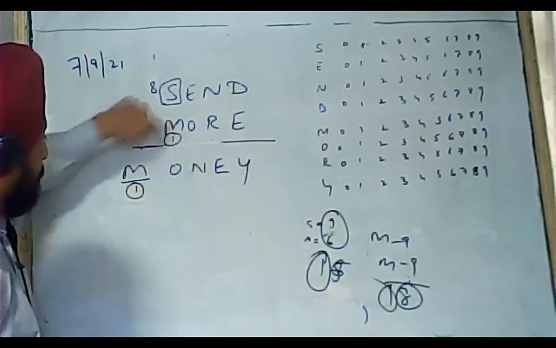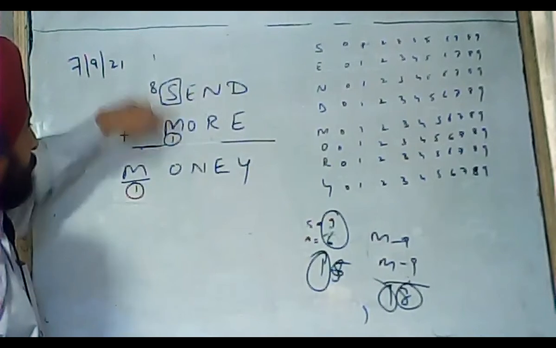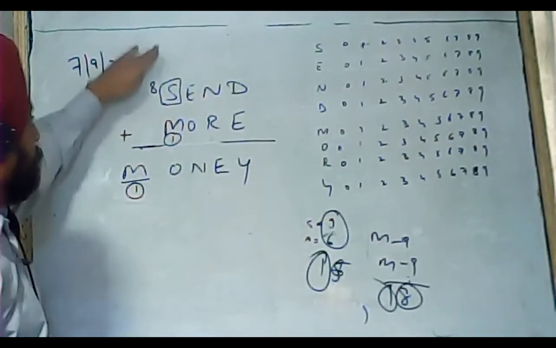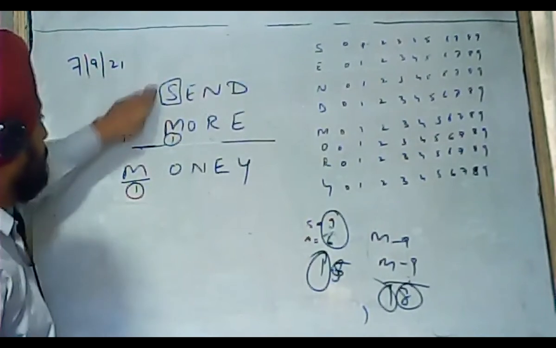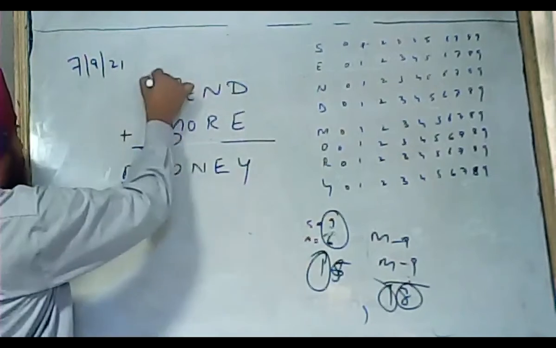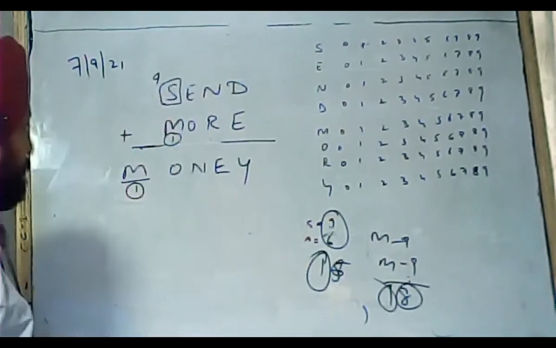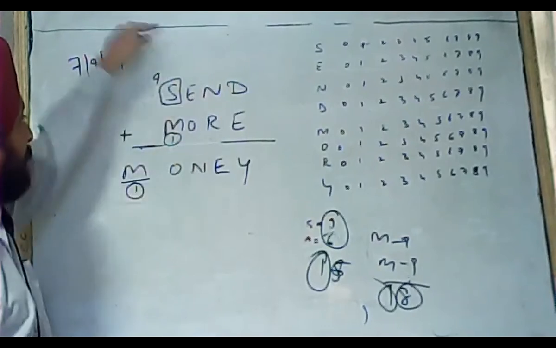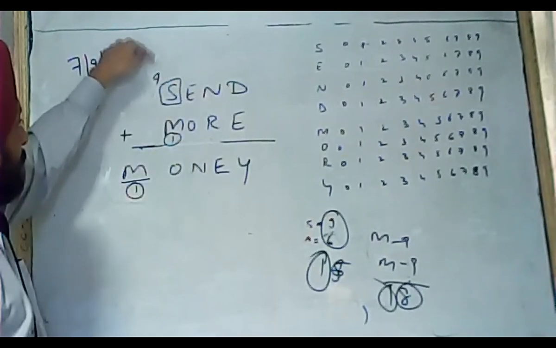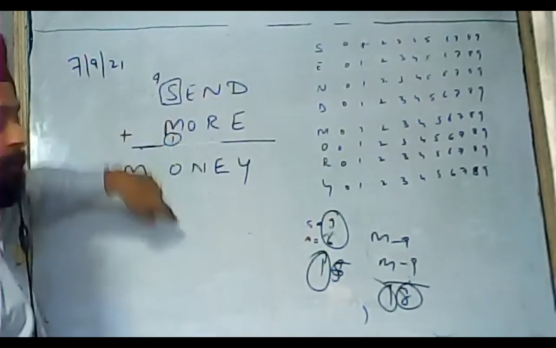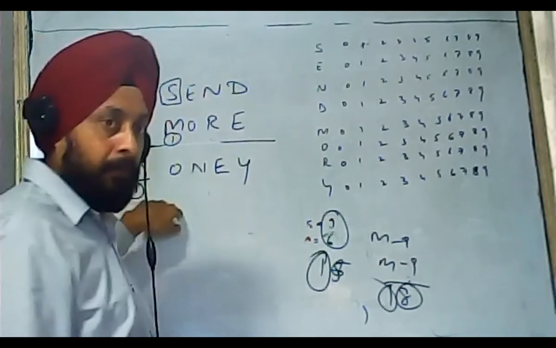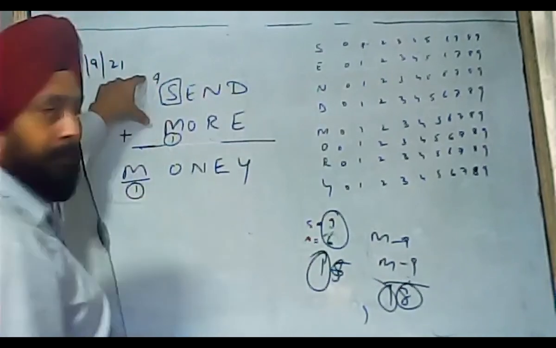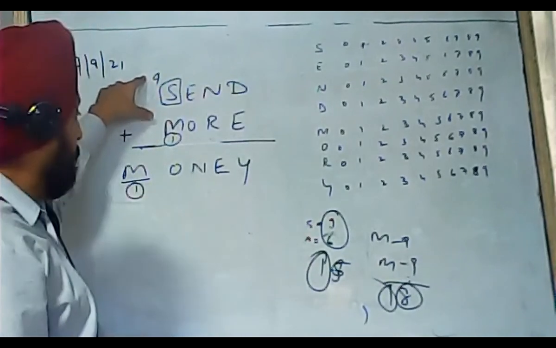But if 1 is given here, we have to try with the 9. So let us try with the 9, because 1 is already assigned. The carry can come from here, that is 1. Then 1 plus 8 plus 1 can also be 10. But let us try with the 9.